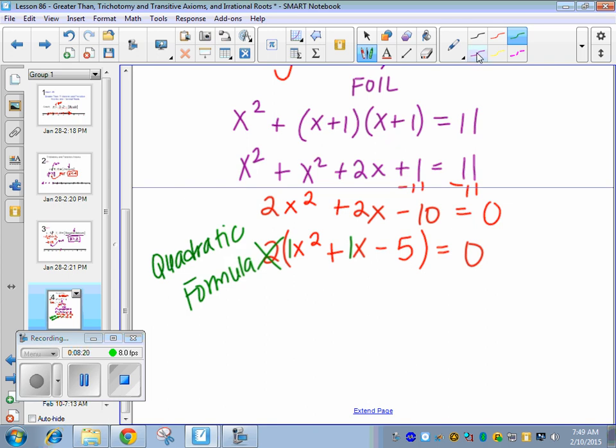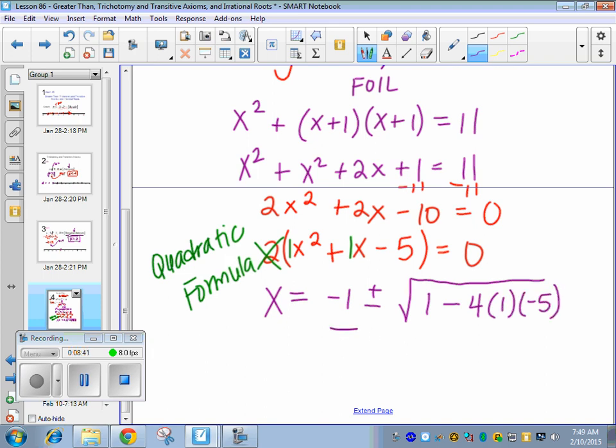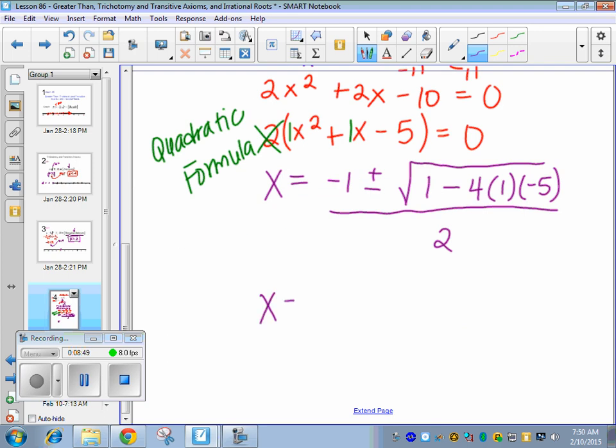All right? So x equals negative 1 plus or minus the square root of 1 squared, which is 1, minus 4 times A, which is 1, times C, which is negative 5, all over 2 times A. So now I have negative 1 plus or minus.